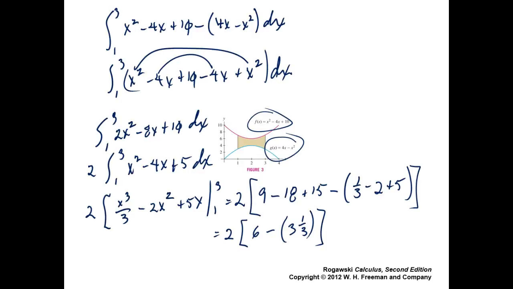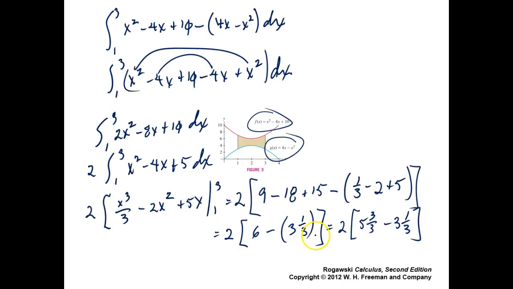there's a couple ways you can go here. I'm going to do it one way, which probably isn't the best way, but it's how I like to think of it. That would be 5 3/3. Isn't that 6? Okay, minus 3 1/3.